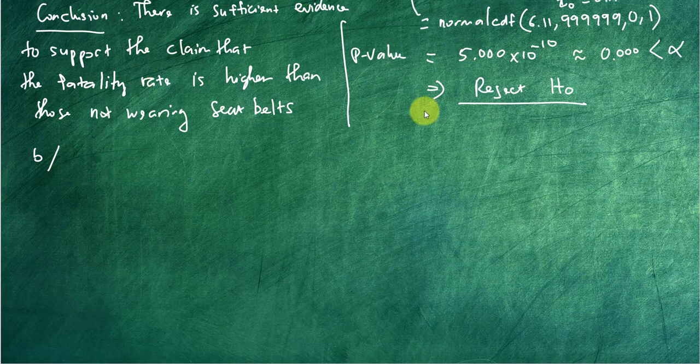Now recall that we assume the null hypothesis H0 is when P1 equals P2. If we make that assumption, when I subtract P2 from both sides, I get 0. So this means we can construct a confidence interval estimate of the difference between the two proportions, P1 minus P2.